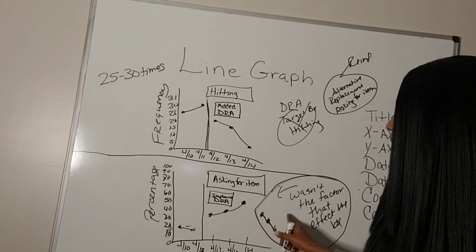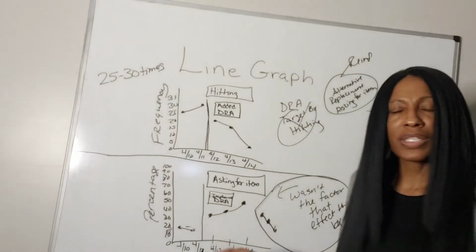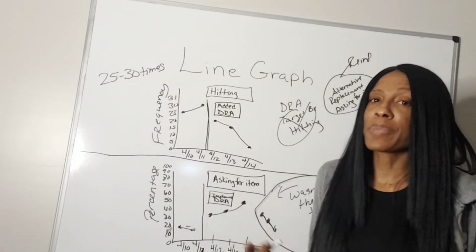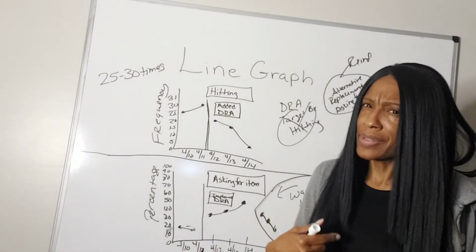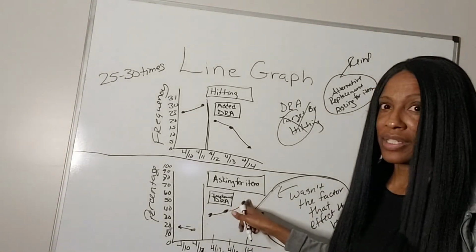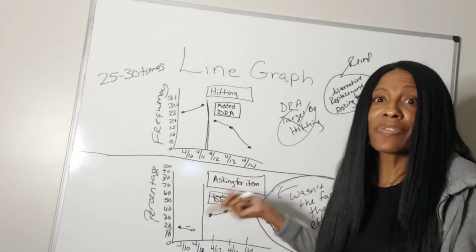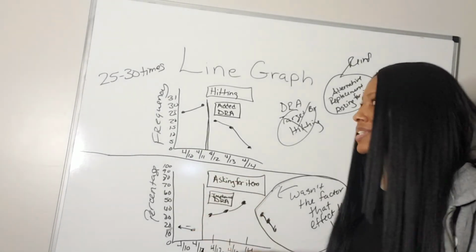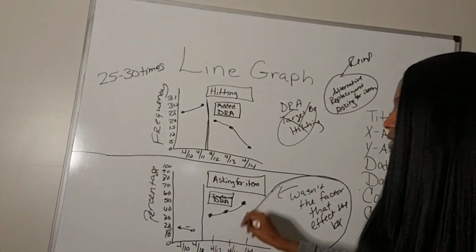If I see this happening over a couple of days, it's going down, and I'm like, well, it's not the DRA. A lot of times it will prompt me to call the parent and ask, hey, did anything change? Because I know it's not the procedure I put in place that's making it go down. And guess what? A lot of times they'll tell me, oh, we started a new medication. I forgot to tell you guys that we put them on medicine. So the medicine would be contributing to this, not the treatment.